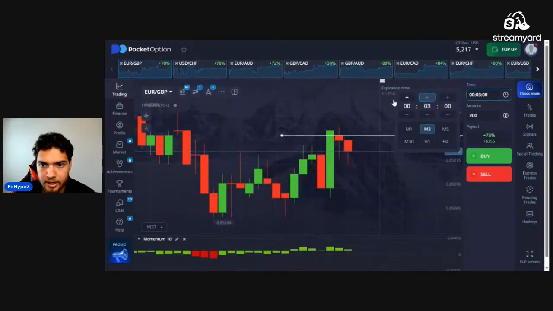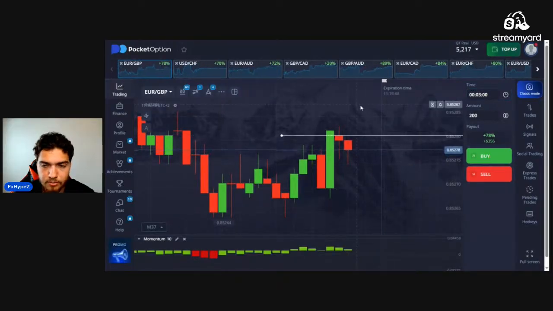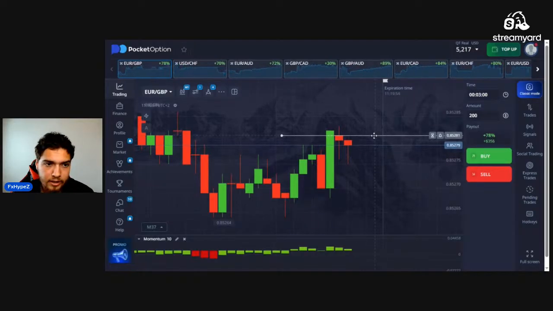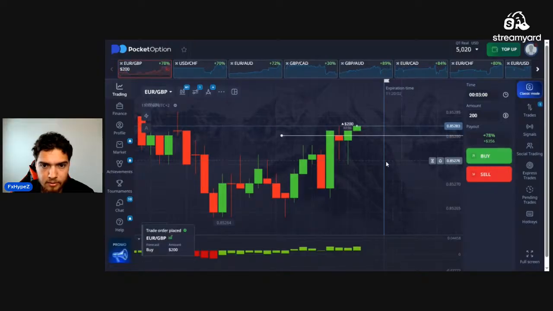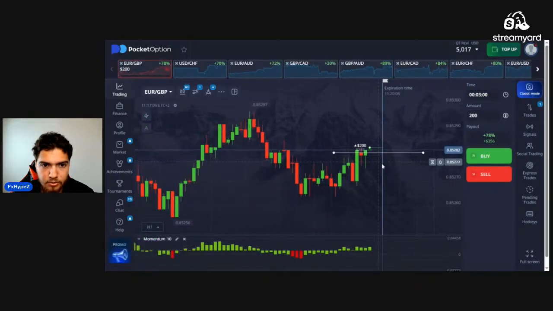And I'm just going to crank up the trade expiration to 3 minutes. So if we get a resistance break, I'll look for a 3-minute buy position. And so far that's looking good. The payout, 78%. I'm going to lock in a 3-minute buy position right over here. Let's see what happens with this one.